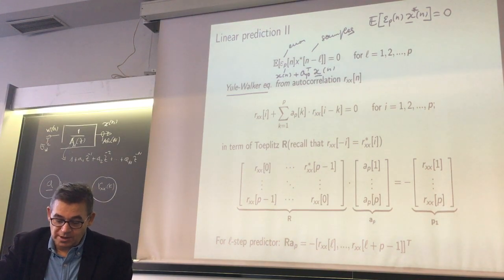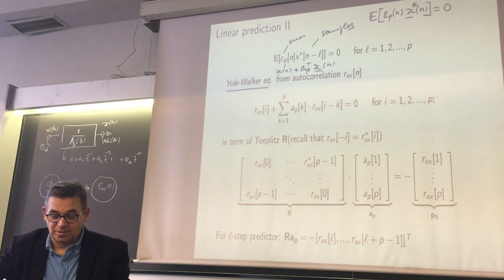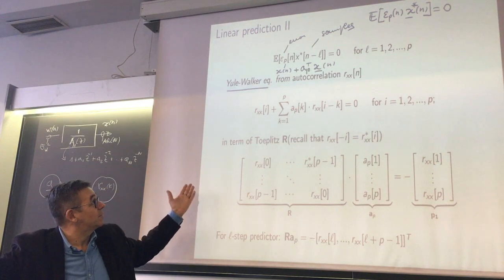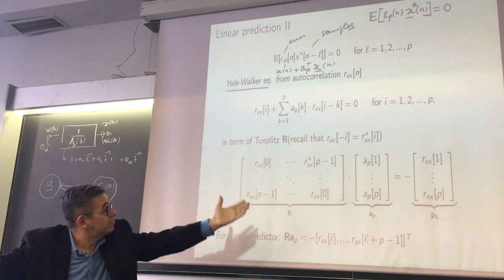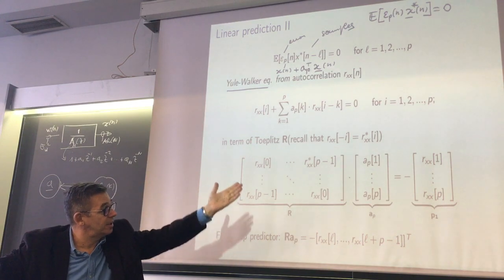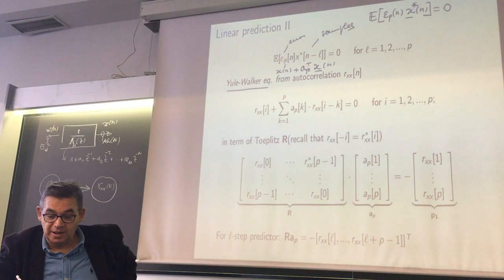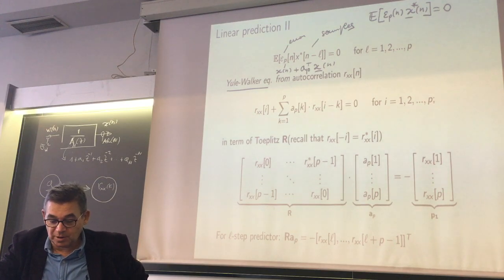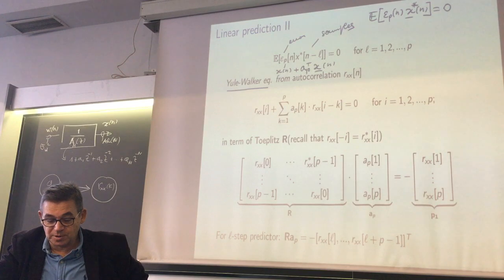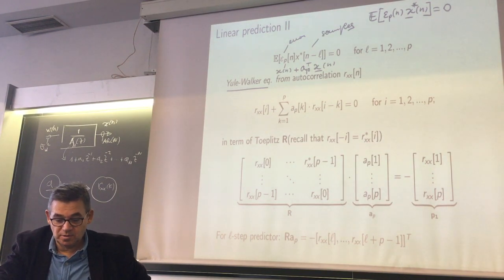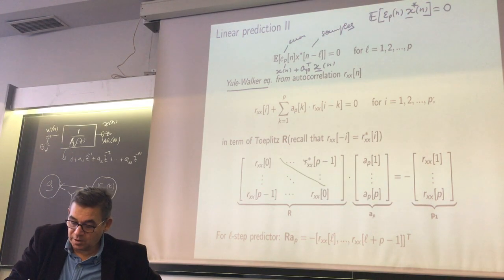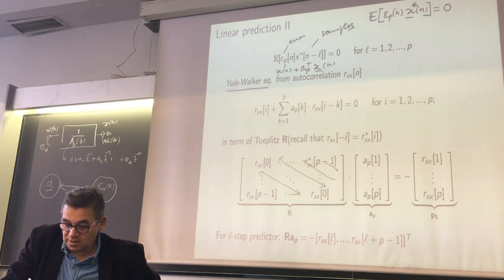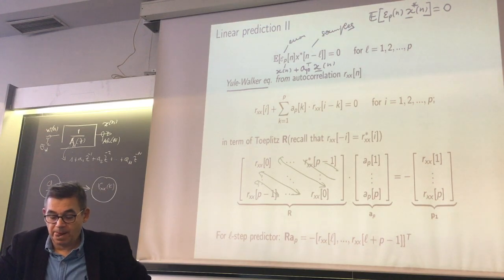We already discussed that, so I write a matrix structured this way, with Toeplitz structure, to get the linear prediction. If I need a linear predictor, I put all the coefficients in the matrix, which has Toeplitz structure, so I have R0, R1, R2, R3, and the structure of the matrix is diagonal.